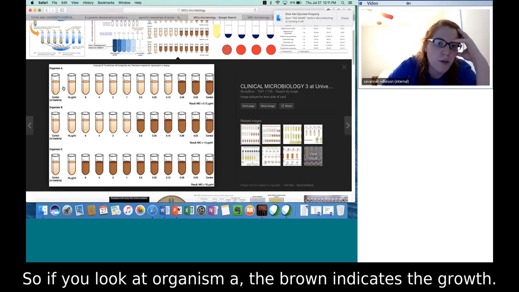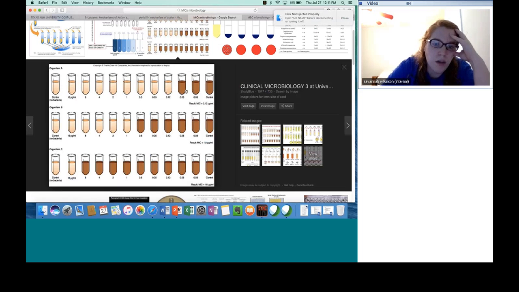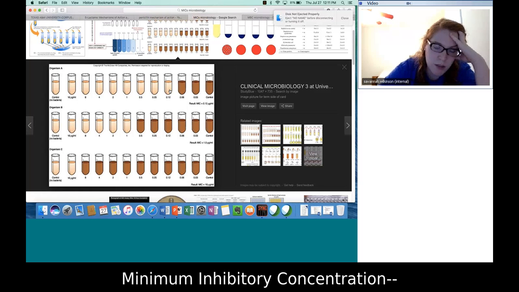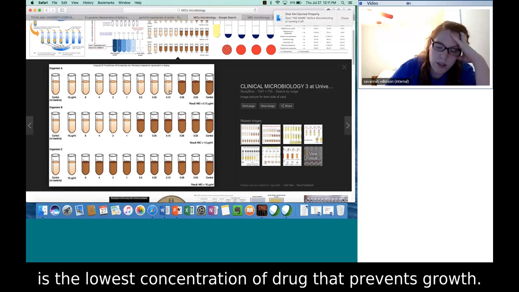So if you look at organism A, the brown indicates the growth. So basically, MIC, minimum inhibitory concentration, the lowest concentration of drug that prevents growth.